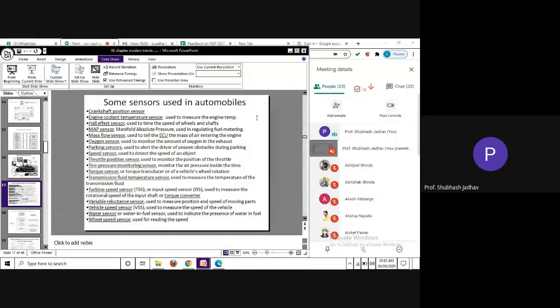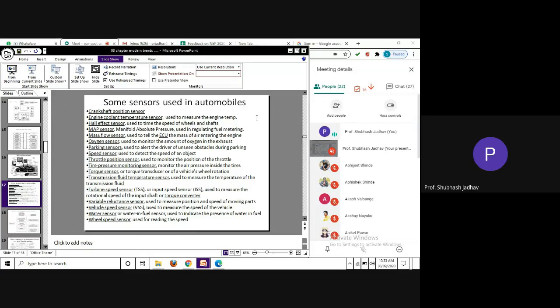So the fuel requirement in cold starting will be, as you learned in IC engines, rich. But in a cruising mode, we want a lean mixture. In a starting mode, we want a rich mixture. So if the fuel system has to decide whether the engine has to be supplied with a rich or lean mixture, then the ECU related to the fuel system has to know whether the engine is presently in a starting mode or a running cruising mode.